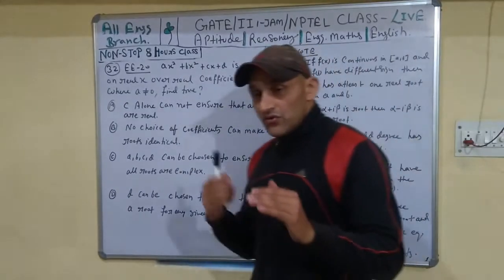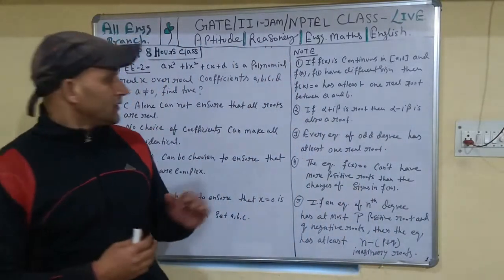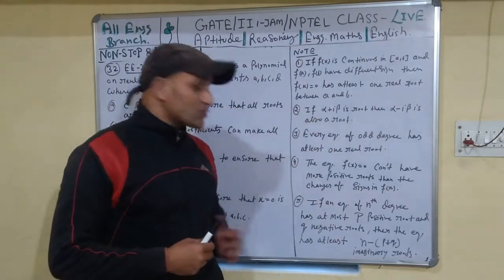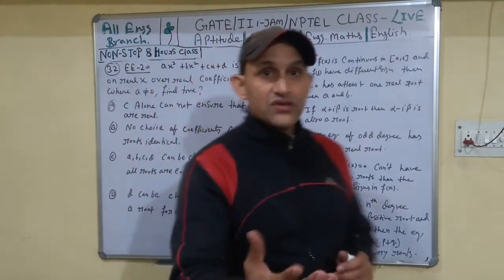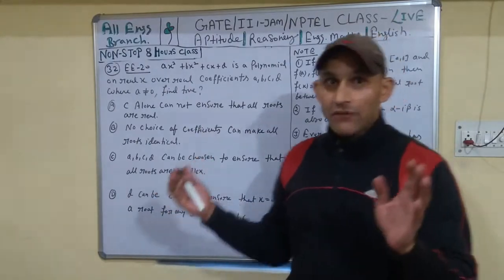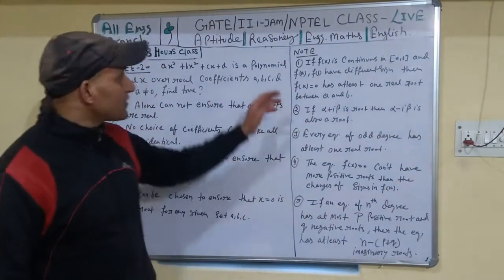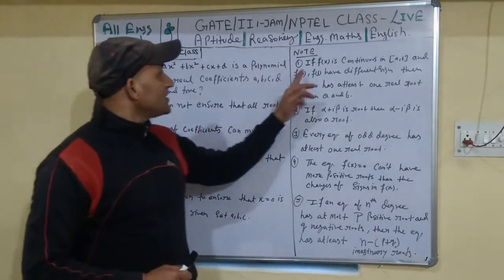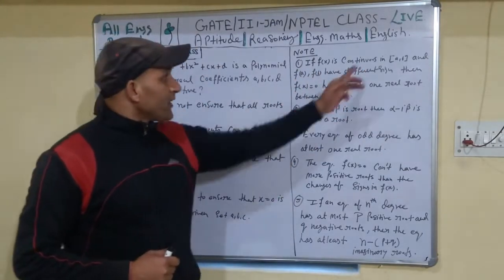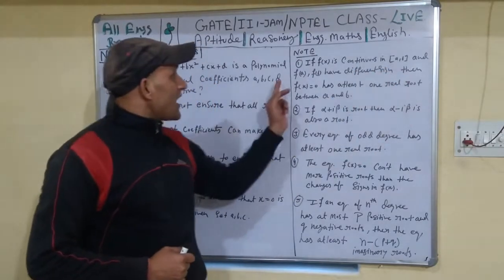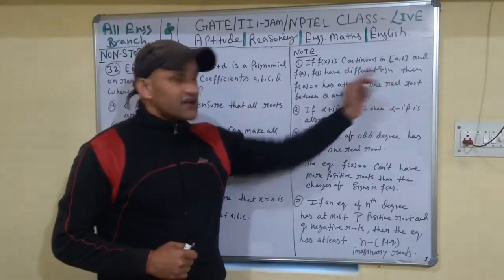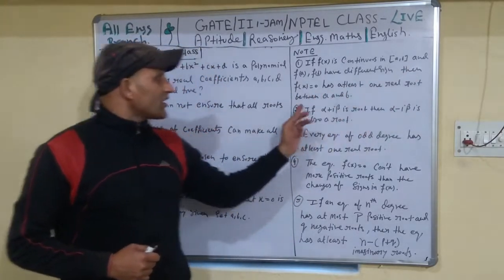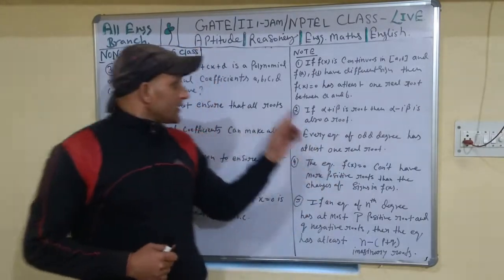At first, I will give you some notes. These are important notes, and with the help of these notes, even if the examiner changes the question, you can solve any type of question. The first note, you must note it; you have already studied it in your 12th standard: if f(x) is continuous in the closed interval [a, b] and f(a) and f(b) have different signs, then f(x) equals 0 has at least one real root between a and b.